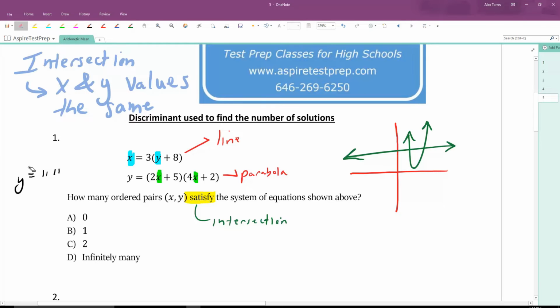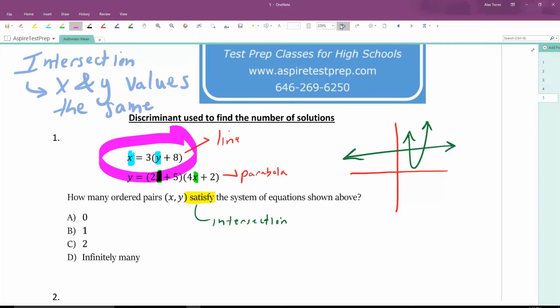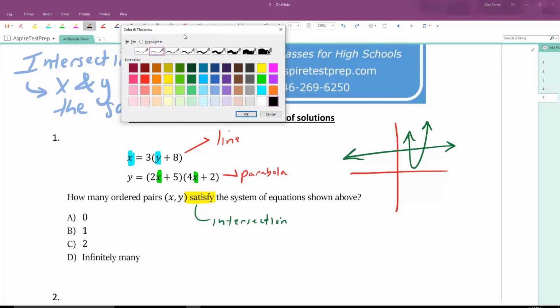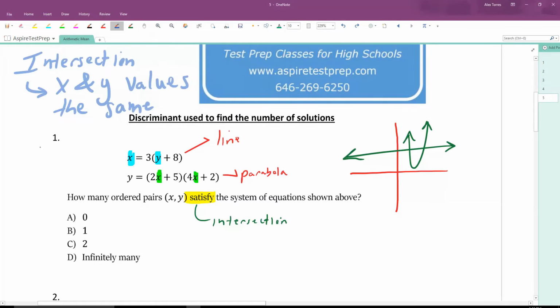If you'll notice, one of these functions is already in the format of y equals, so that one's where we want it to be. This one here is in the format of x equals something, so we need to move things around to get it to look the way we want. Right now we've got x equals 3 parentheses y plus 8, so we can distribute that: 3y plus 24.